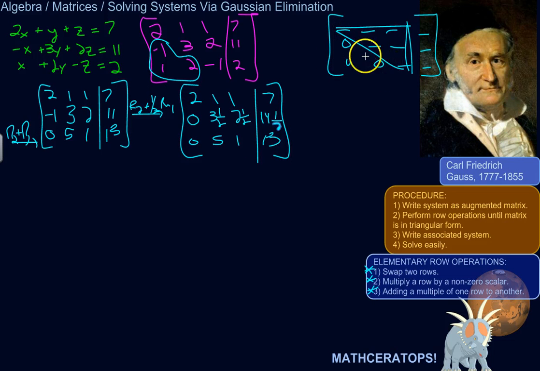We need to make this a 0. So we need to somehow subtract 5 away from this row, or add -5 if you want to look at it that way. So what we can do is this. Here's what I propose. I think it's going to be easier to think about these fractions if they're improper fractions, because I'll show you why. So 3 times 2 is 6 plus 1.